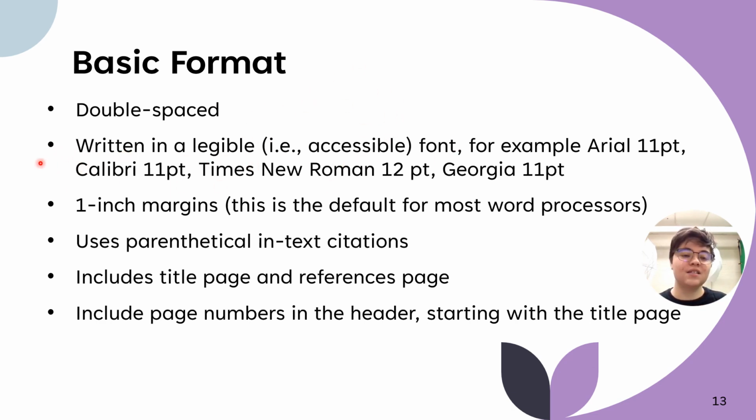Some examples of this are 11-point Arial, 11-point Calibri, or 12-point Times New Roman, that classic. Papers should include a title page, a references page, and page numbers in the header that start on that title page. Quotes and other people's ideas should be cited using parenthetical in-text citations, which we'll cover in a bit.